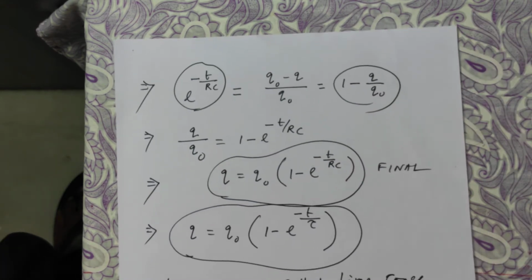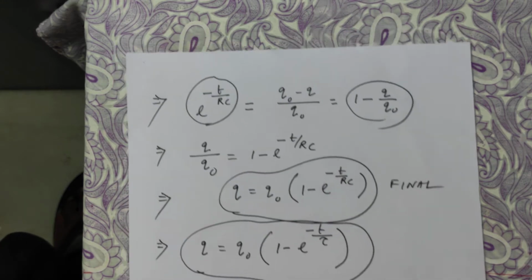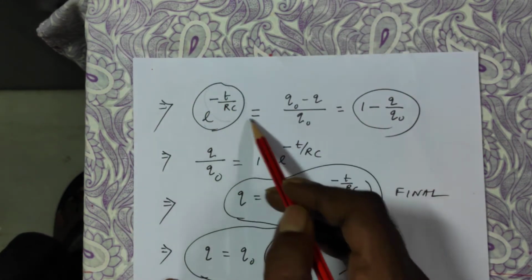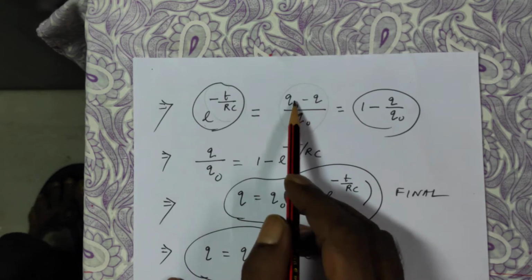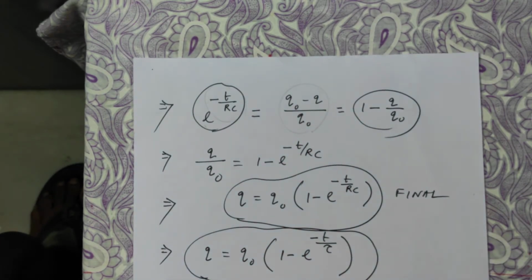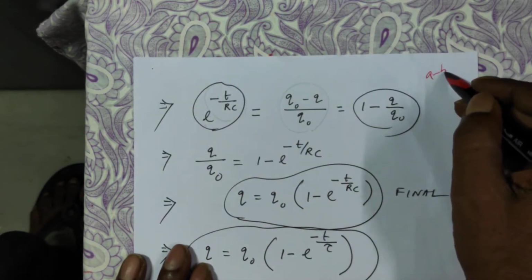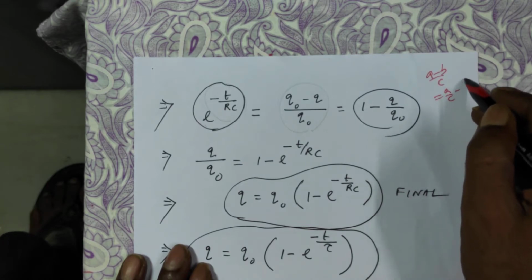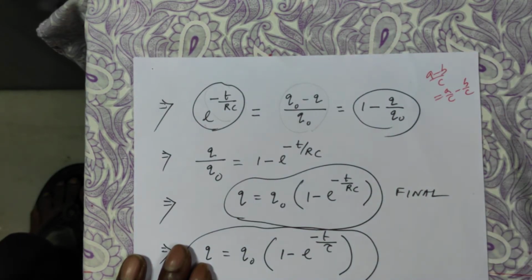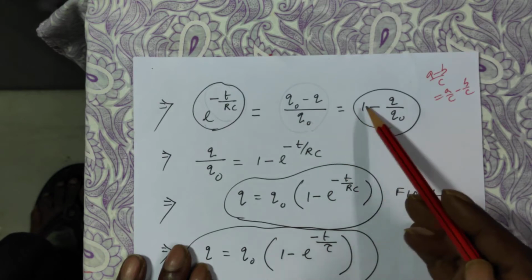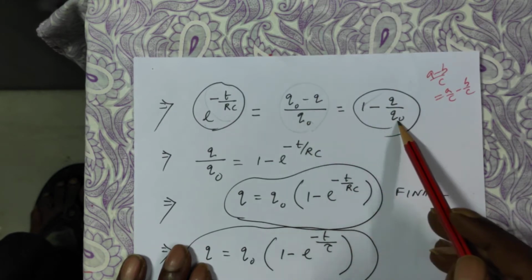So e to the power minus t by RC is equal to this. This is a minus b by c, and a minus b by c is equal to a by c minus b by c. Therefore, this is q naught by q, that is 1 minus q over q naught.